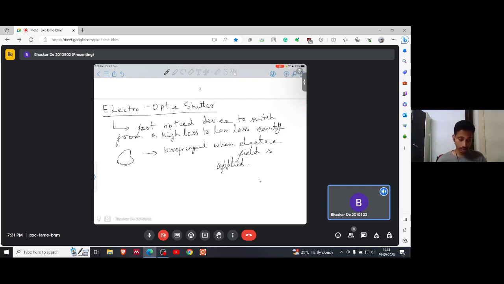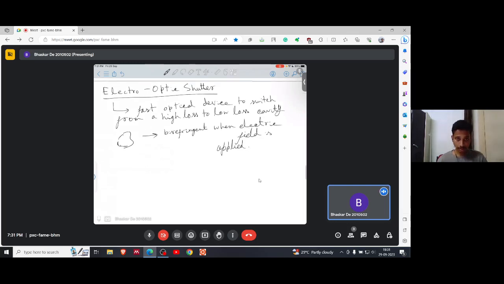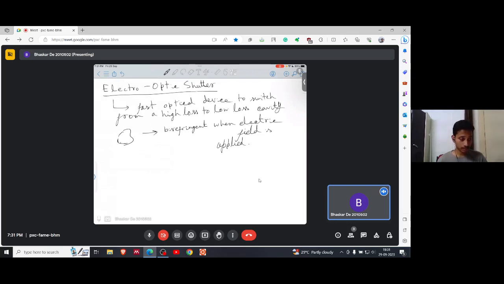So what this shutter does is that the crystal basically rotates the polarization axis of the beam. So the laser must have a polarizing element within the cavity. So then the point is that there is a polarizing element inside the cavity that forces the laser to work on a certain polarization.